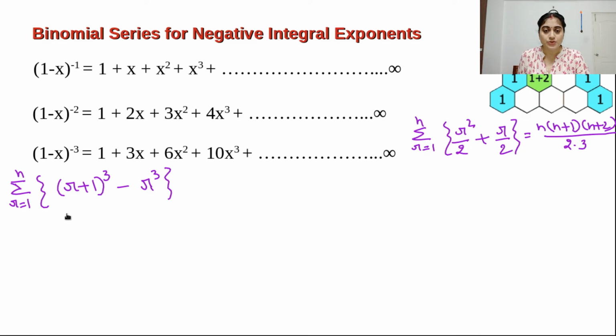It will be 2 whole cube minus 1 whole cube, and then 3 whole cube minus 2 whole cube. If I put r equals 1, 2, 3, 4 like that, it will be 4 whole cube minus 3 whole cube, like that, and I keep on increasing up to n plus 1 whole cube.